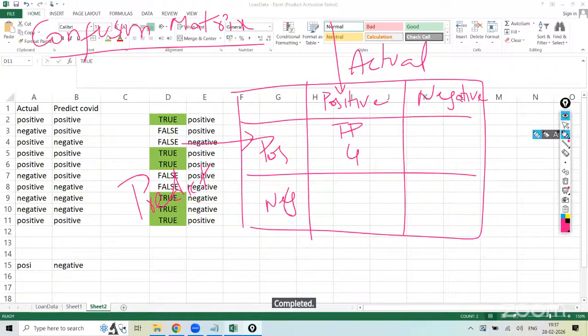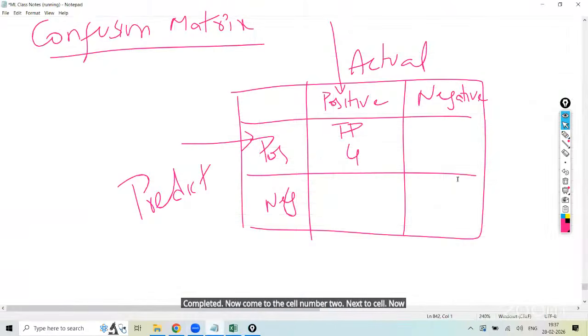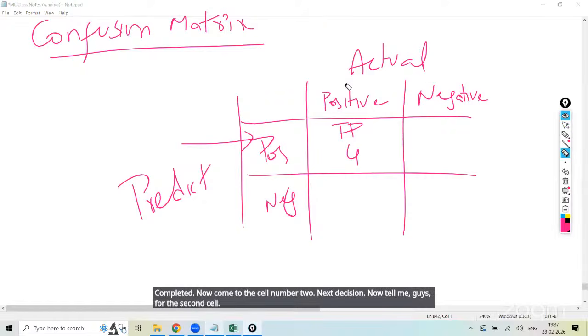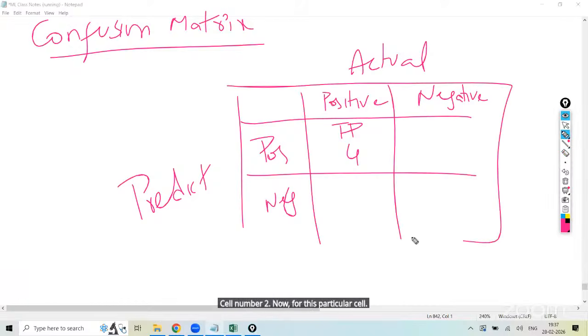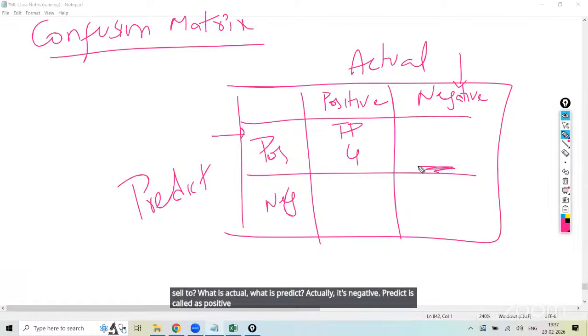Now come to cell number 2. Now tell me guys, for the second cell, what is actual, what is predicted? Actual is negative, predicted is positive. This cell indicates this combination only.